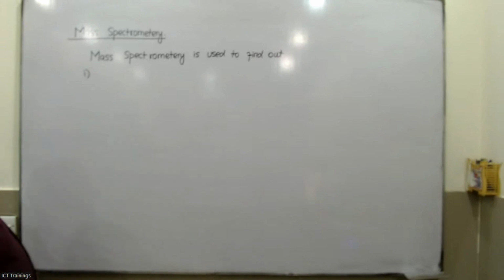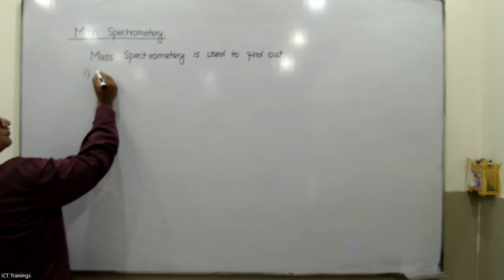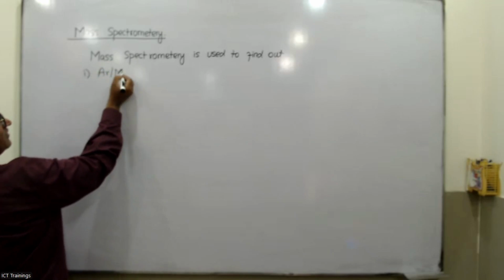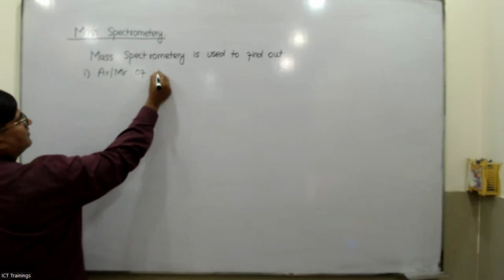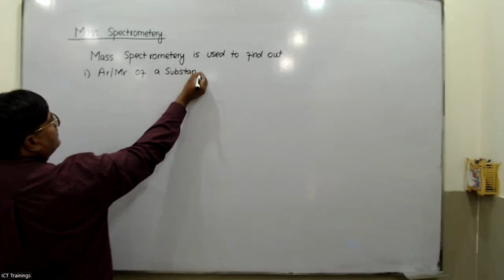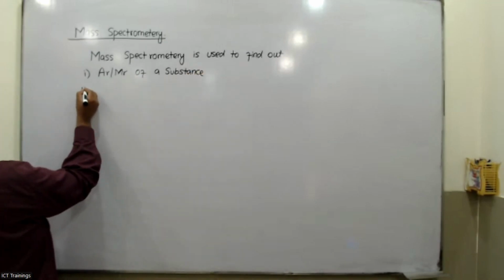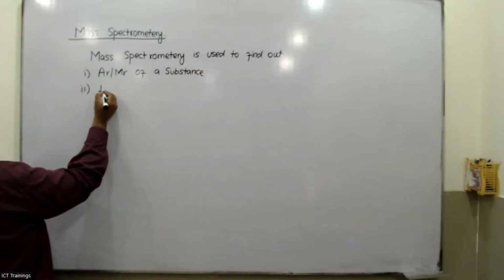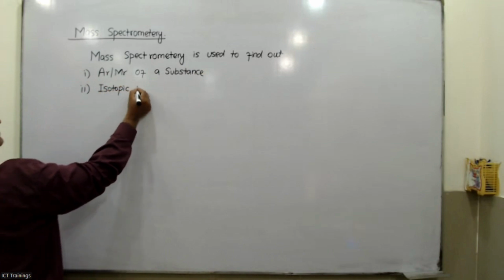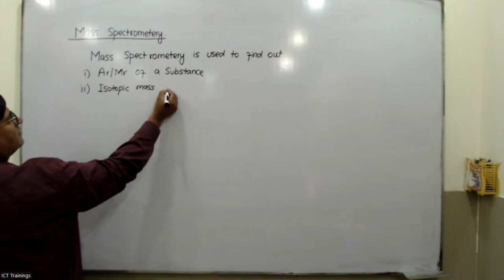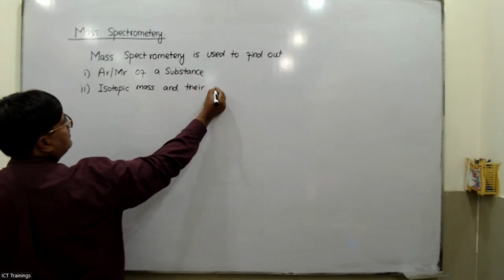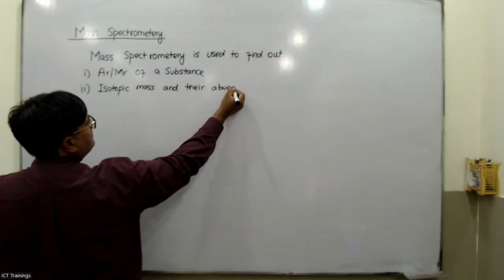Mass spectrometry is used to find out the four things. The first thing, my dear, it is used to find out the AR or MR of a substance. The second thing, it is used to find out the isotopic mass and their abundances.